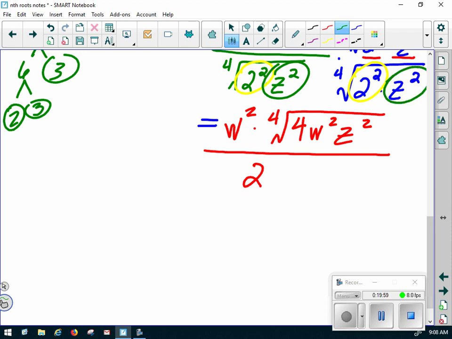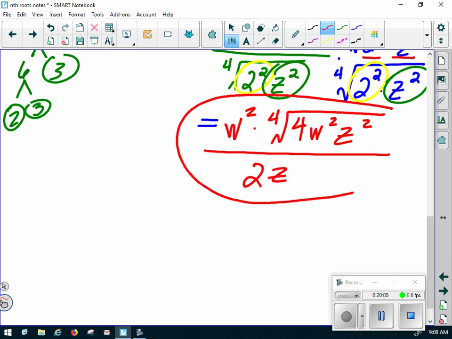So how many z's do I have? 4. Is that a quad? Will it come out? Okay, we're going to go to the next page, and I want you to do this one.